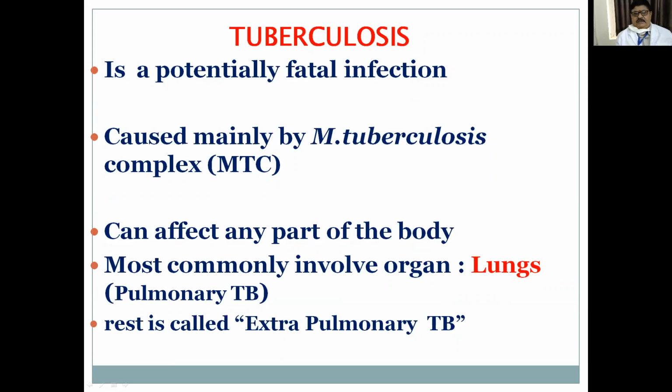Earlier it was called RNTCP, Revised National Tuberculosis Control Program, but from January 2020, it is known as National Tuberculosis Elimination Program. Okay, so the most common organ infected is the lungs.